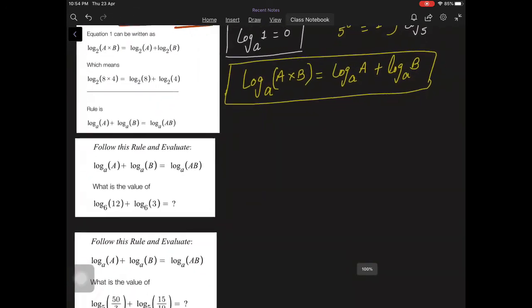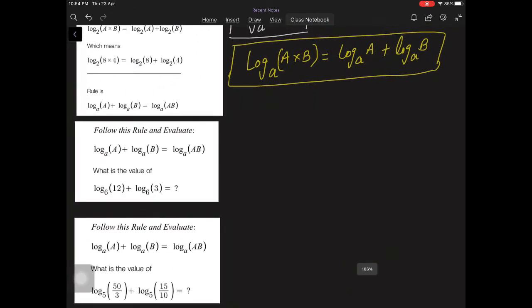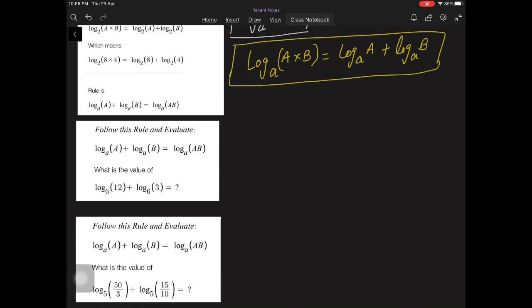So I have given some examples here. I have mentioned the rule. There is one question here for you. Log 12 and log 3, both bases are 6. So we can simplify this. Because it is plus, we should multiply. Remember that. And if it is minus, we should divide. We'll see in a few examples.